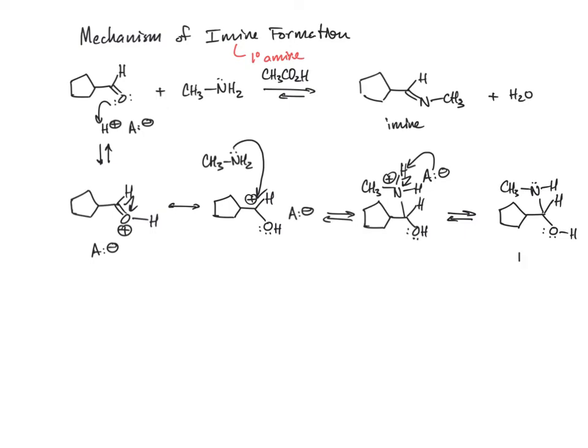I'm going to draw our acid down here, H plus, conjugate base there, balancing it out. So this molecule at this point here, notice the oxidation state. You have 2 bonds to heteroatoms. If you recall from the last screencast, if both of those were oxygens, it would be an acetal. But since one is nitrogen, one is oxygen, this is called an aminal. A little bit confusing, not animal, but aminal.